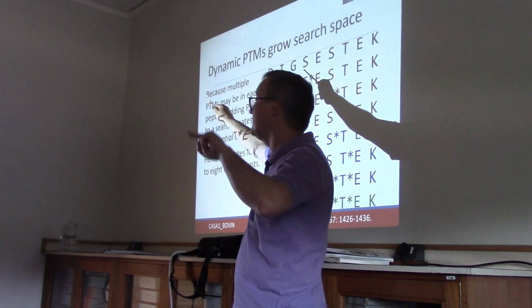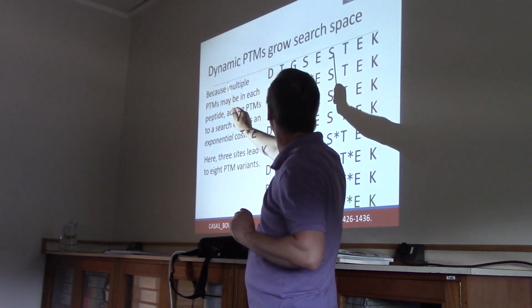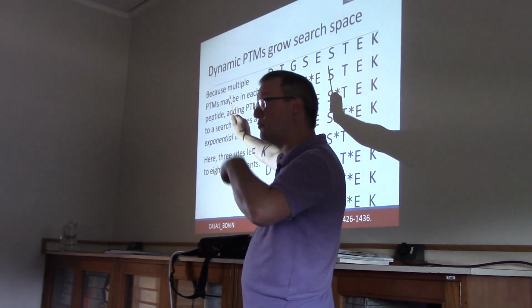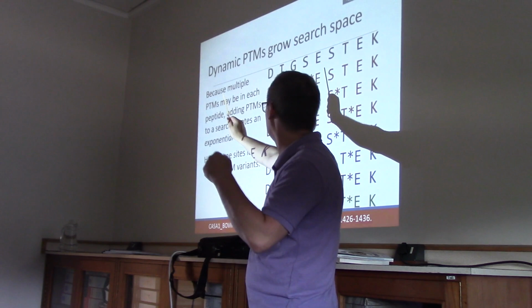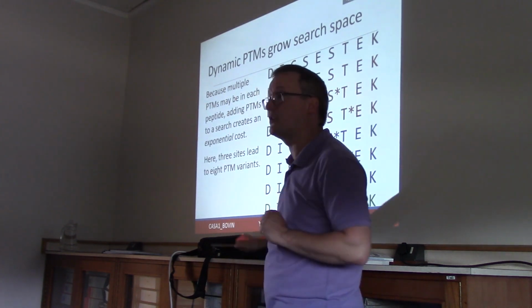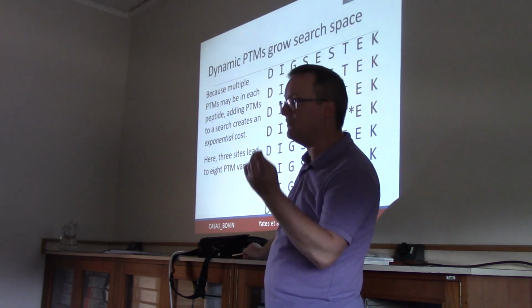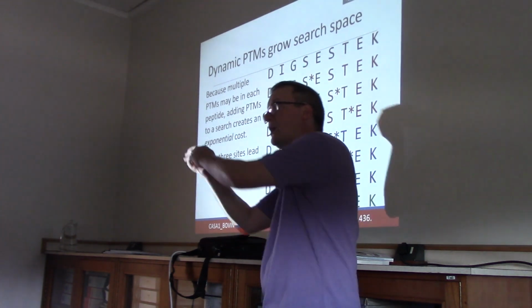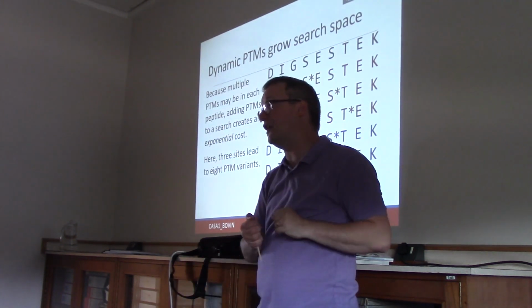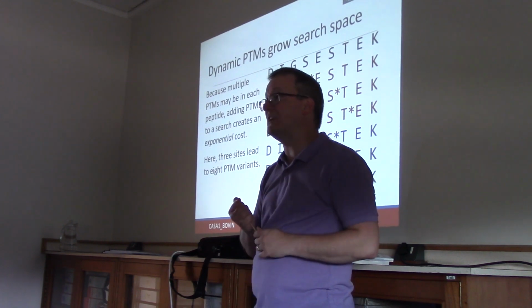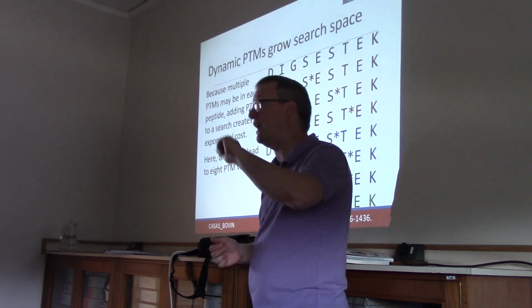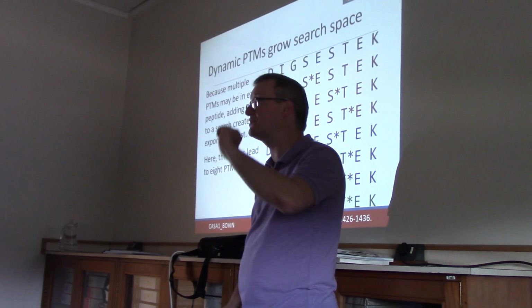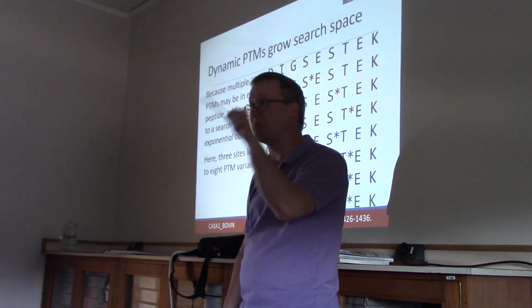Is phosphorylated, is not phosphorylated. When we hit the second S, we have another branch in the path. May be phosphorylated, may not be. When we hit the threonine, it may be phosphorylated, it may not be. Which means that with one peptide, we now have 8 paths coming out of it. Which is the same thing as 2 possible outcomes for these residues raised to the 3rd power, because there are 3 of them in the peptide.